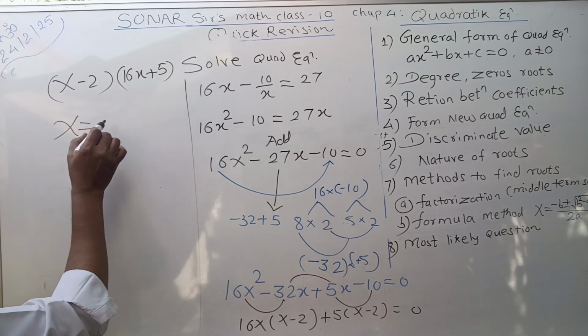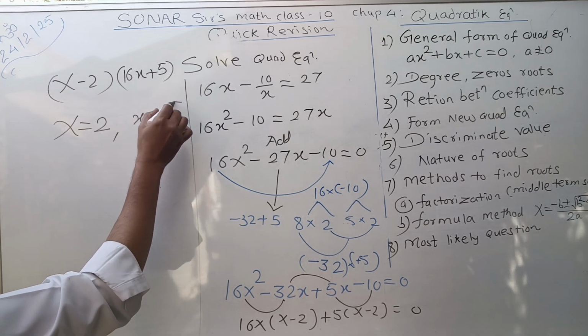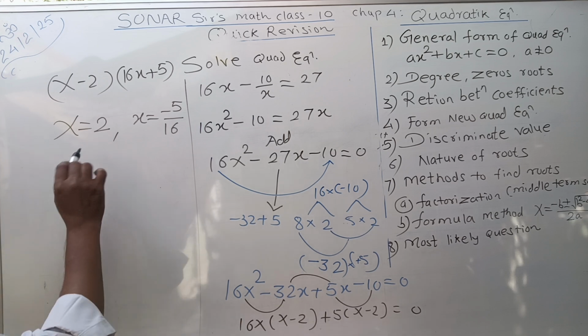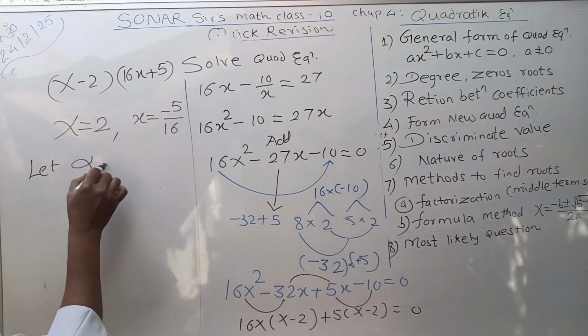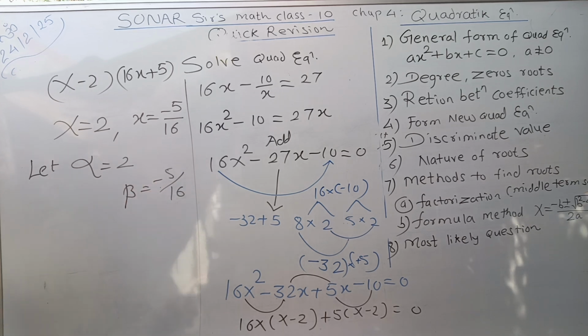So if we equate with 0, we'll get x equals to 2, and second x equals to minus 5 by 16. So these are the zeros. So let's consider alpha as 2 and beta as minus 5 upon 16. So this method is called middle term method, that is factorization.